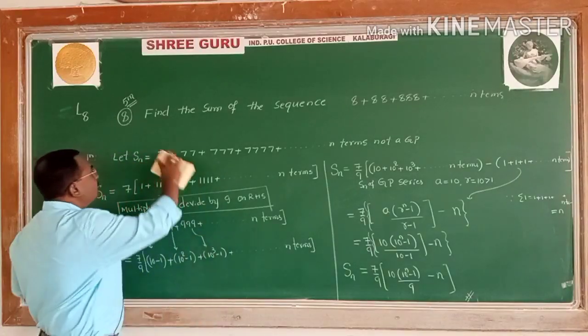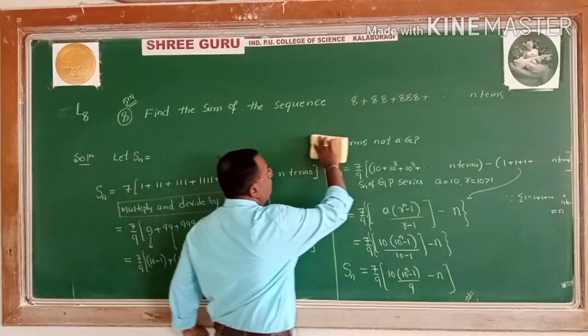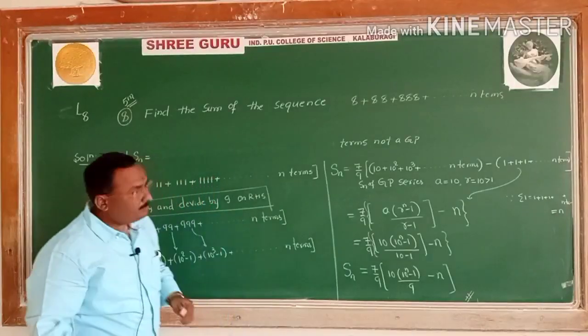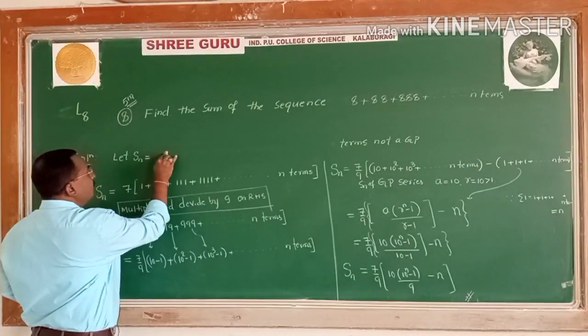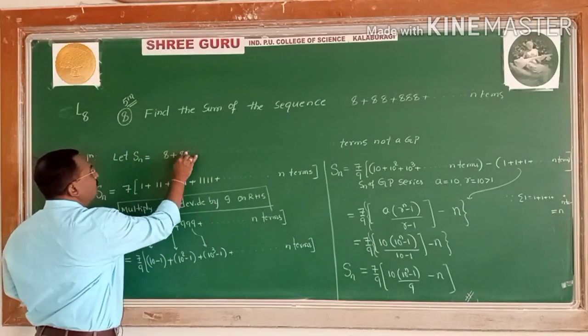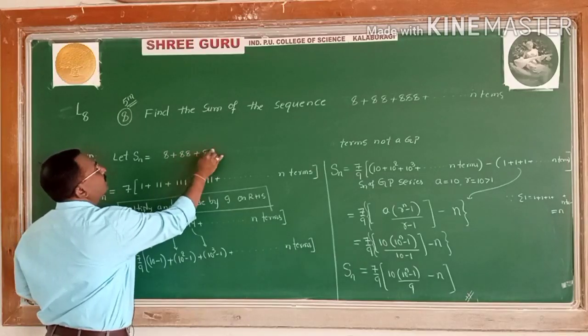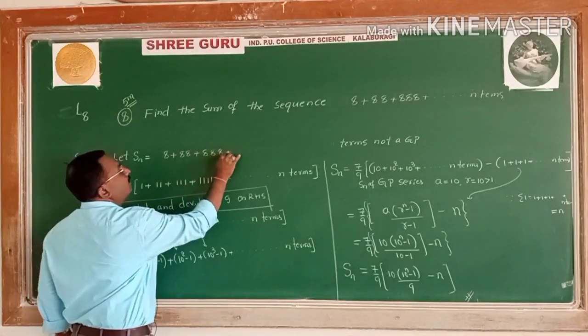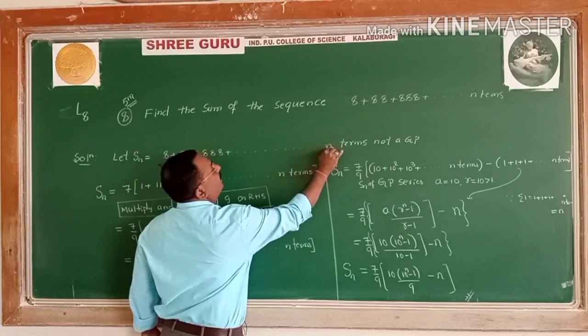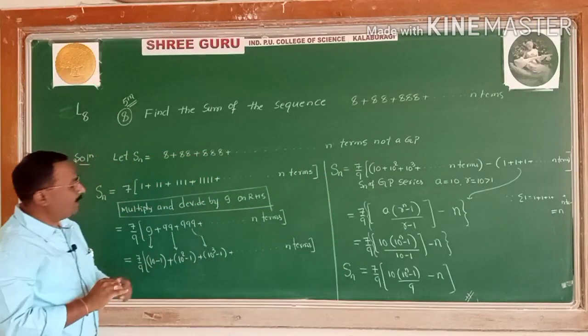Here 7 is replaced by 8. 8 plus double 8 plus triple 8 plus up to n terms is not a GP.